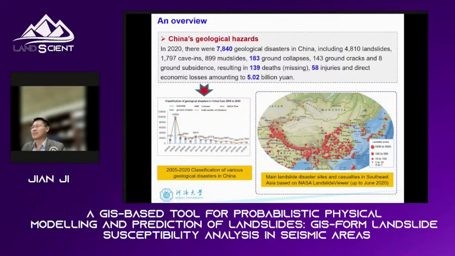This is the recorded data of China's geological disasters over the last decades. Without any surprise, landslide takes first place for the number of disasters.